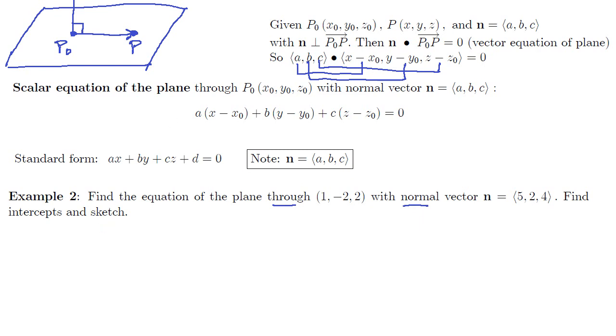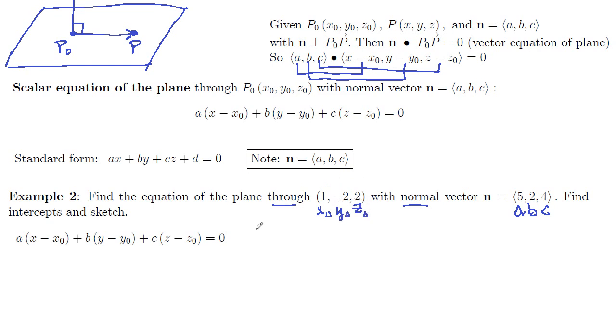Okay, well, let's bring down our scalar equation of the plane here. So we already know our ABC, 5, 2, 4. And then this is the point that the plane goes through. So that is our x0, y0, z0.